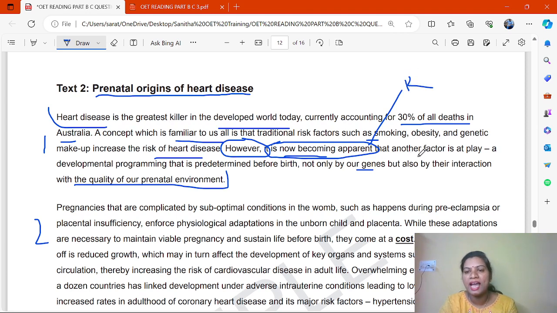That another factor is at play, a developmental programming that is predetermined before birth. What is it? Not only by our genes, but also by their interaction with the quality of our prenatal environment. See, the quality of our prenatal environment is also a predisposing factor of heart disease. That is the recent finding.